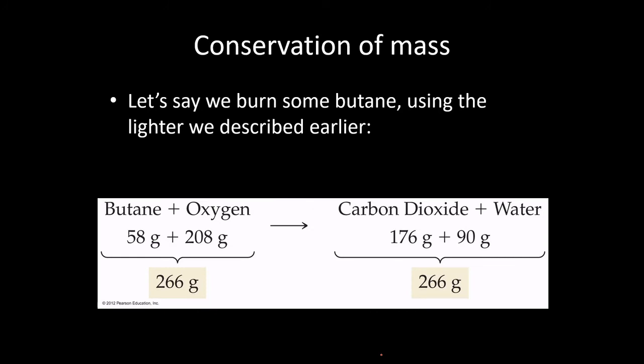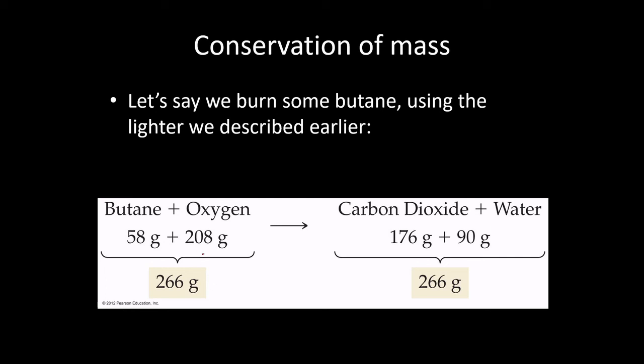And this is actually pretty handy in certain situations where if we know the amount of stuff that we started with, we know that we are required by the laws of science, by the laws of the universe, that when we finish, when the chemical reaction is done, we have to have the same mass, the same amount of stuff at the end.